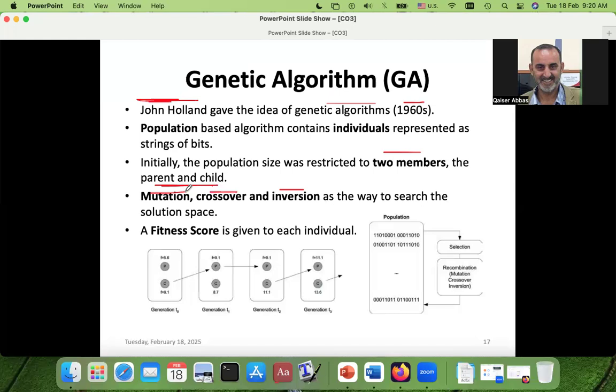If we have two persons, and we allow those two persons, they can perform these three operations to produce the next generation.